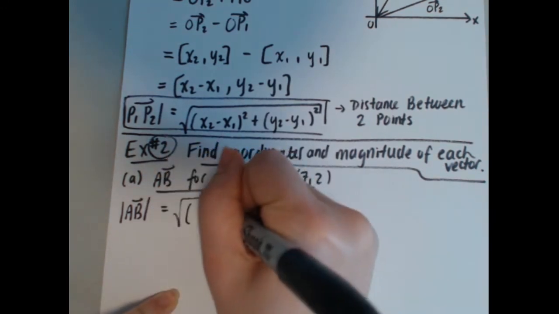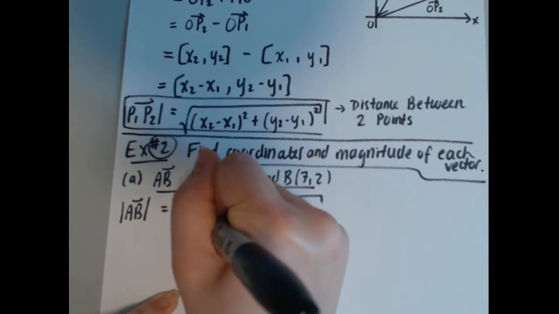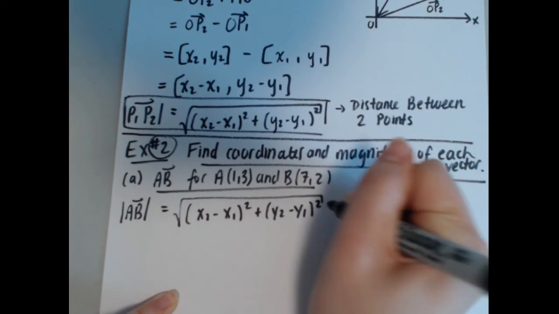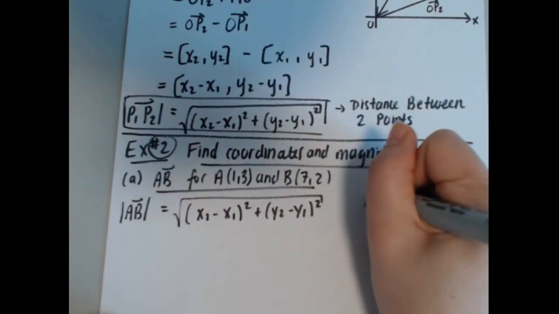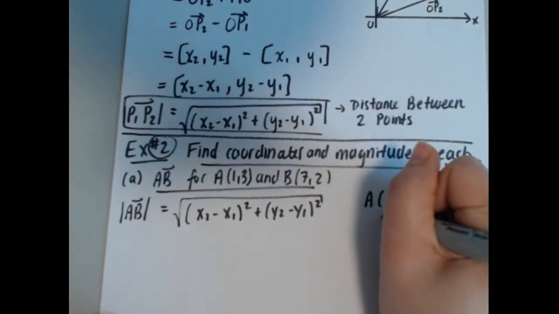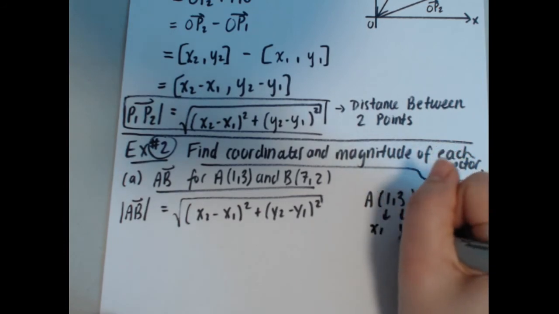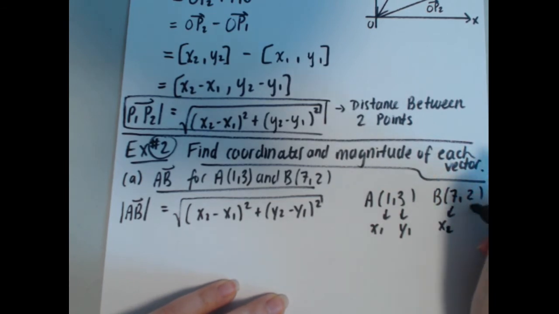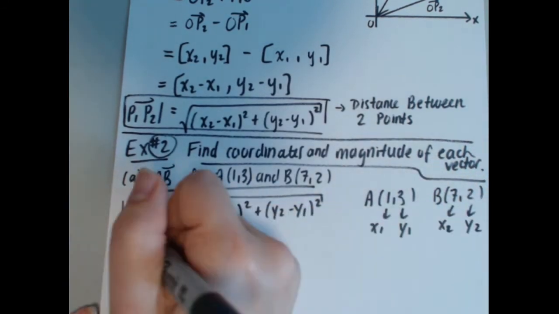So I'm going to have (x2 minus x1) squared plus (y2 minus y1) squared. A, which is (1, 3), gives my x1 and y1. And for B, which is (7, 2), there's my x2 and y2.